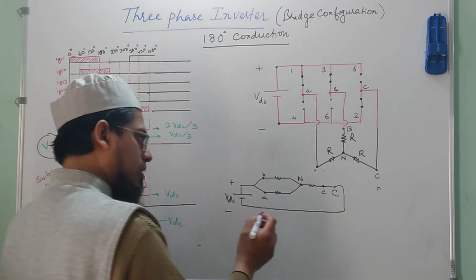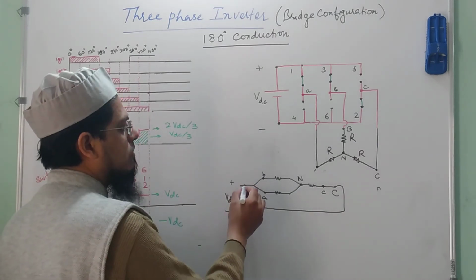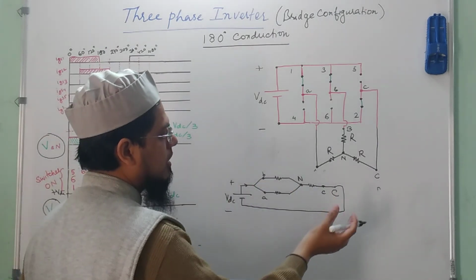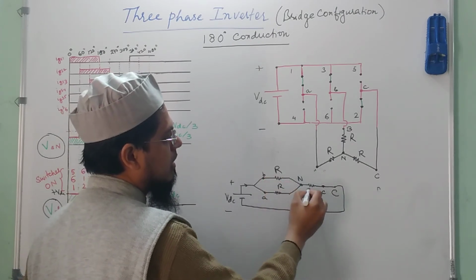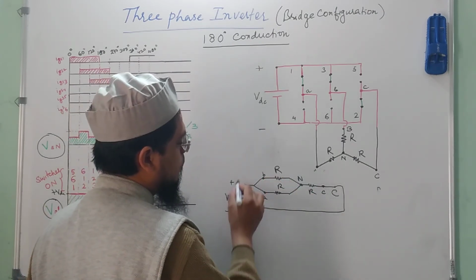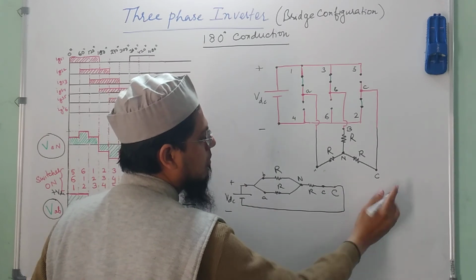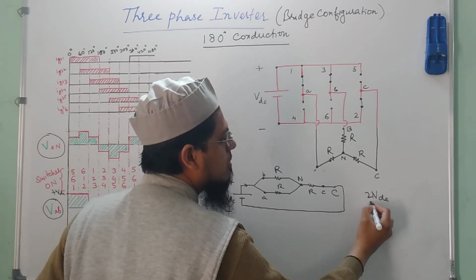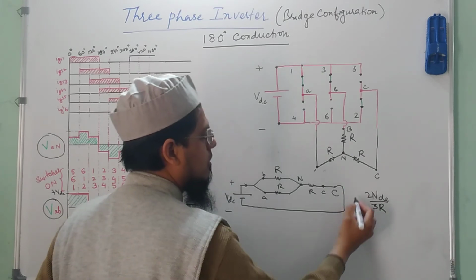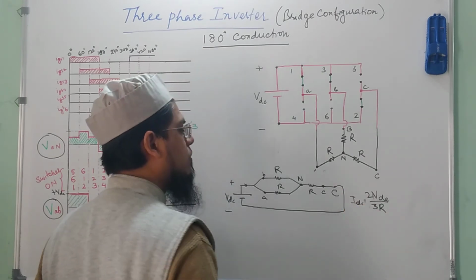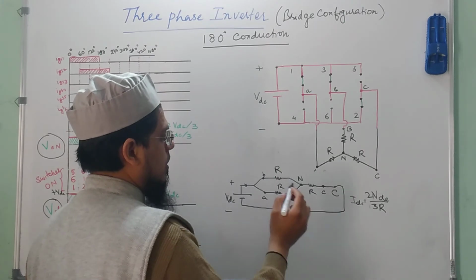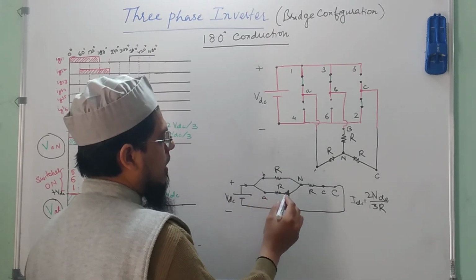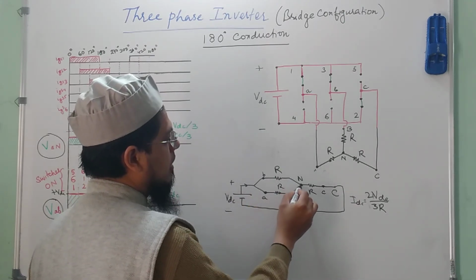So what is the voltage? First of all we have to find out the current that is flowing. Similar case, R and R. So the current that will be flowing from the battery would again be 2 VDC upon 3R. So that would be the current that will be flowing from the source. So I have to find out this VAN.